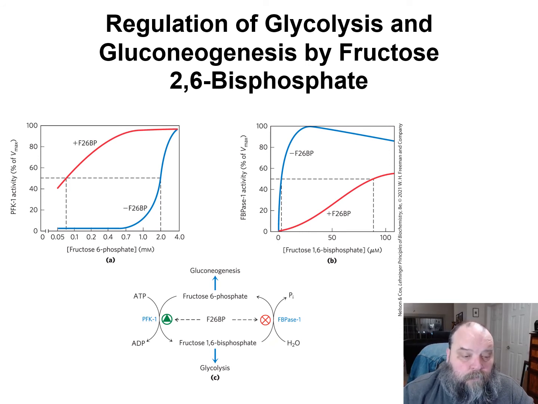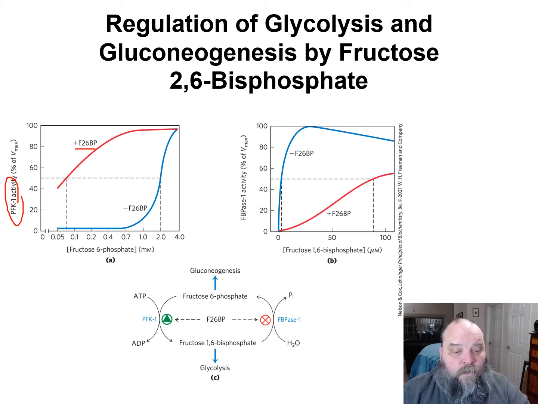And they've studied this. They've shown PFK1 signal activity. Remember I told you that's the one it wants to push through. If fructose 2,6-bisphosphate, which they're showing here as F26BP, is present, the activity of this enzyme is super high. If it's absent, it's super low. So it's promoting it, it's helping it.